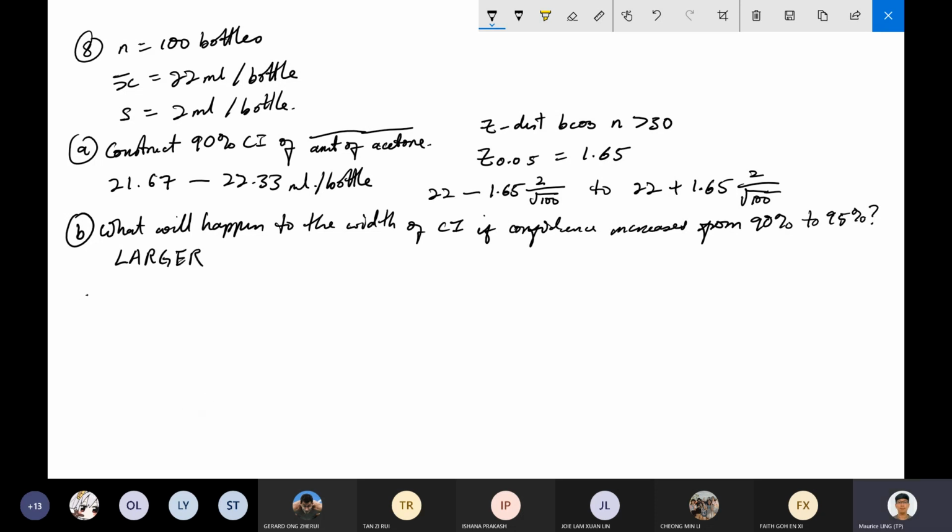Okay, so since you're here, answer C as well. The cup, if the label is 20 ml of acetone per bottle, is the claim reliable?